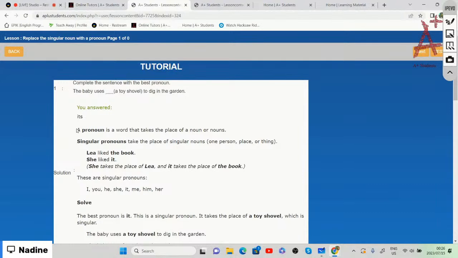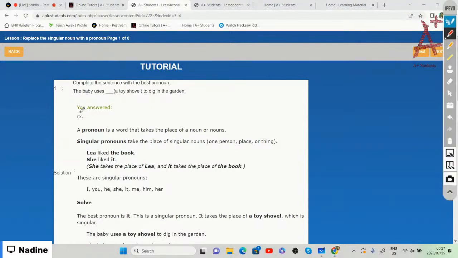And we have singular pronouns, which take the place of a singular noun, for example, one person, one place, or one thing. The singular pronouns are I, you, he, she, it, me, him, or her. And we need to replace the singular nouns with a pronoun.